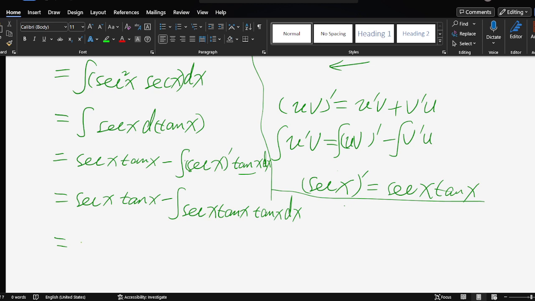So here we rewrite secant x times tangent x minus secant x, this tangent x, so times tangent x squared dx.